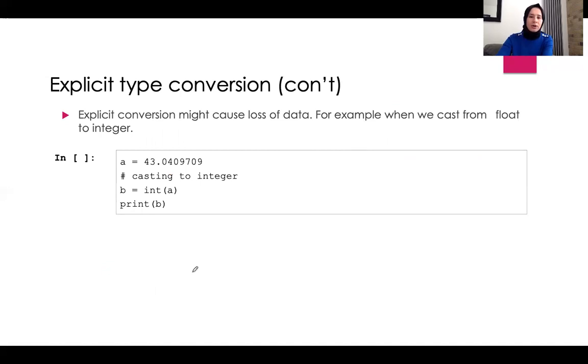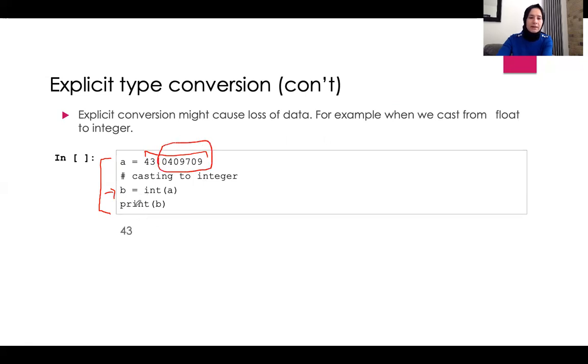There are some cons of explicit type conversion. Explicit conversion may cause loss of data. Let's look at this example of how it causes loss of data. We have a value which is a float number. When we cast this to an integer, b equals int(a), it will not keep the decimal part of this number.